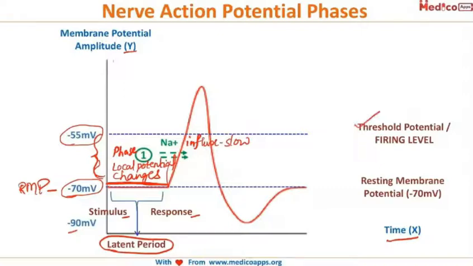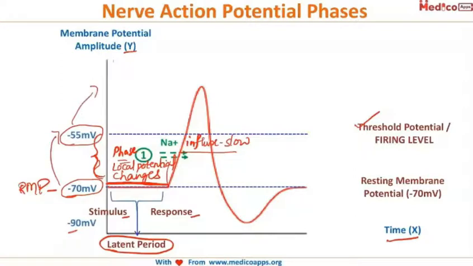So please remember these two numbers. Local potential changes is your phase 1, when there is a slow influx of sodium ions, and the cell goes to minus 55 millivolts because positive charge is entering. Easy to understand. And minus 55 millivolts is called the threshold potential or the firing level.